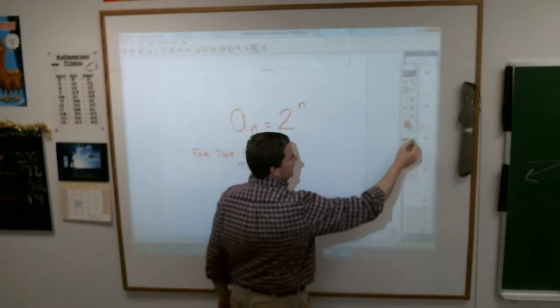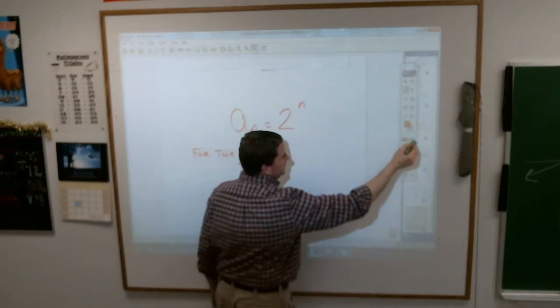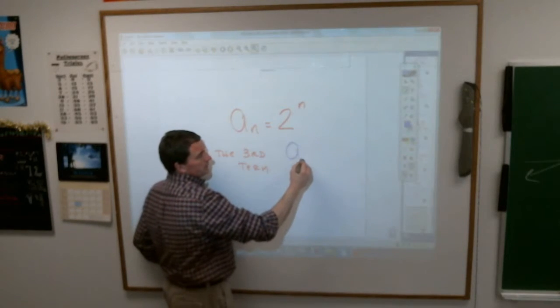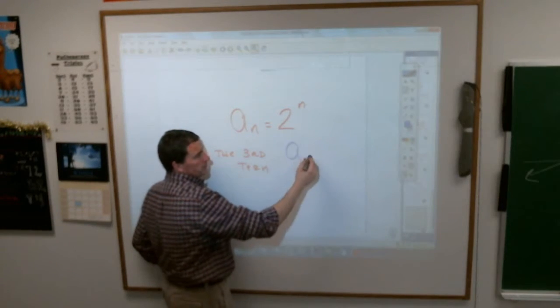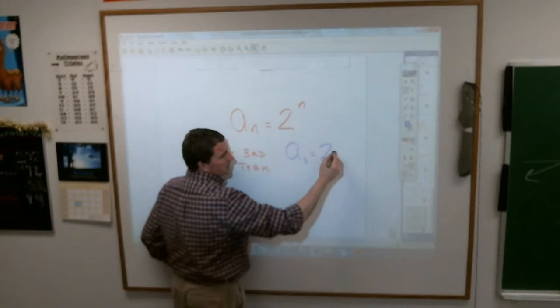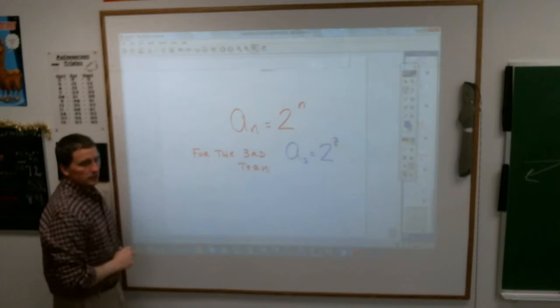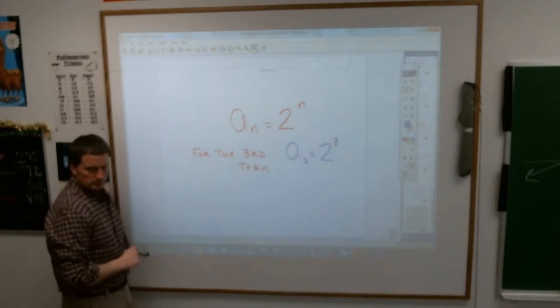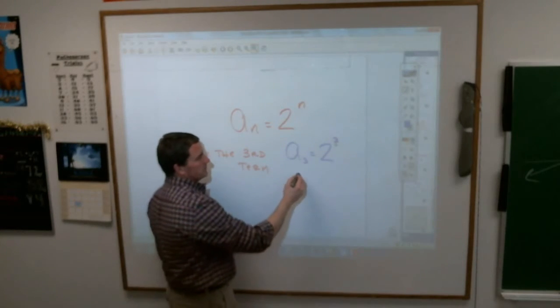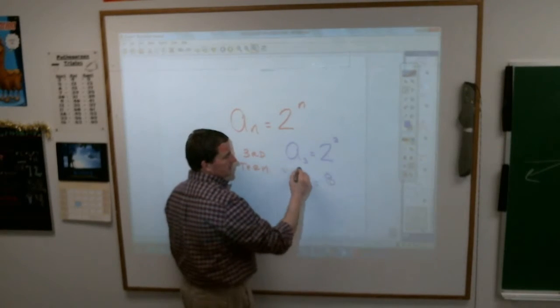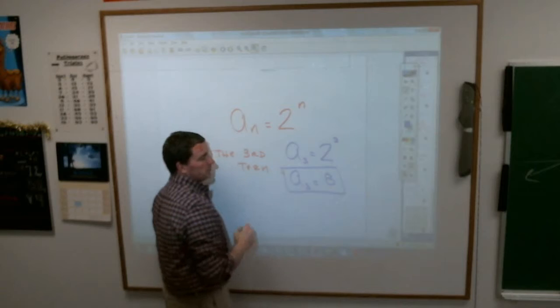So if you're putting that in this little formula here, you get A sub 3. The value of the 3rd term equals 2 to the third power. What is 2 to the third power? 2 times 2 times 2 is 8, so the value of the third term equals 8, and this would be your answer.